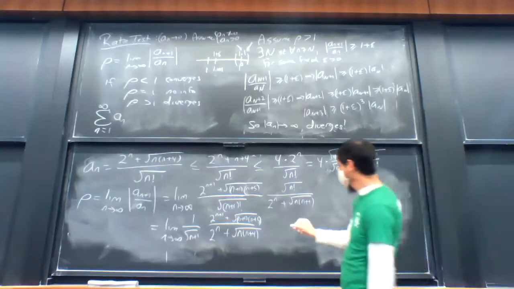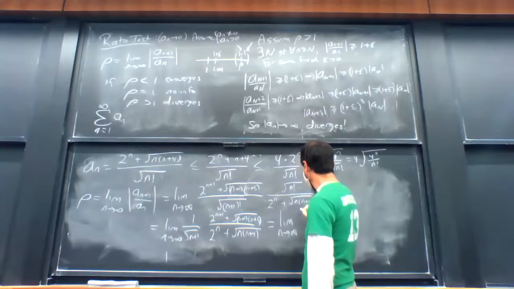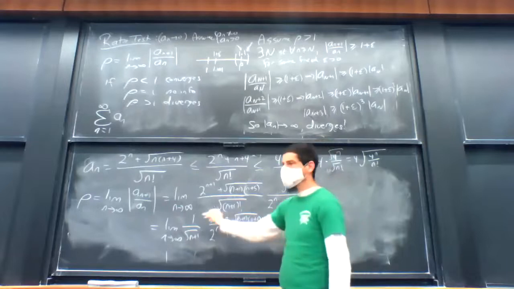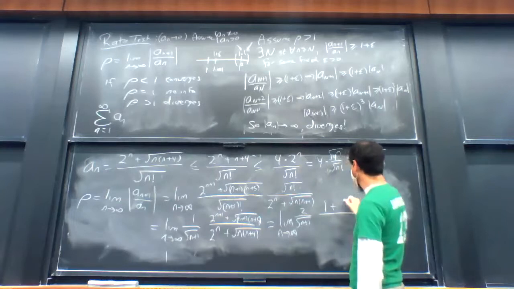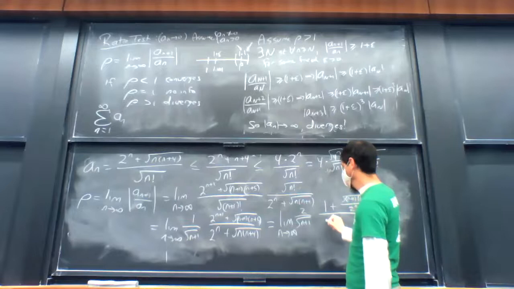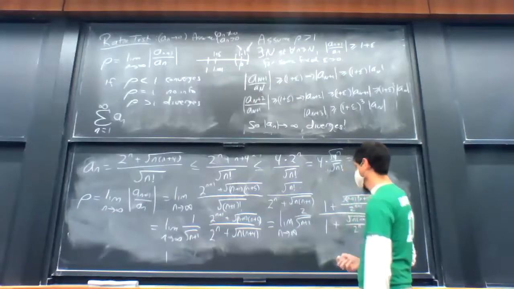So this would then just become the limit as n goes to infinity of 2 over the square root of n plus 1. And then when I pull out 2 to the n plus 1, I get 1 plus the square root of n plus 1, n plus 5, divided by 2 to the n plus 1. I have 1 plus the square root of n plus 1, n plus 4, over 2 to the n.